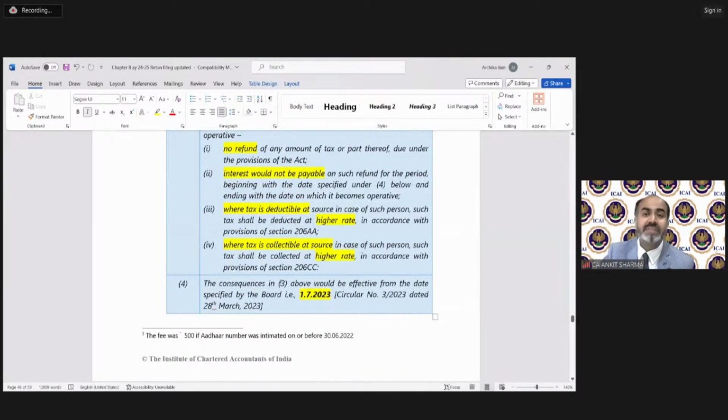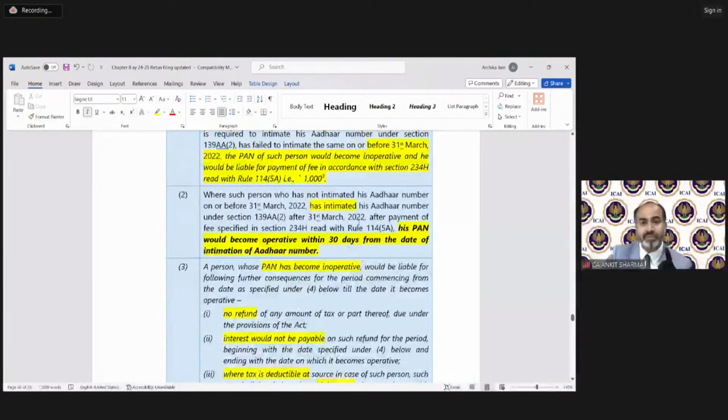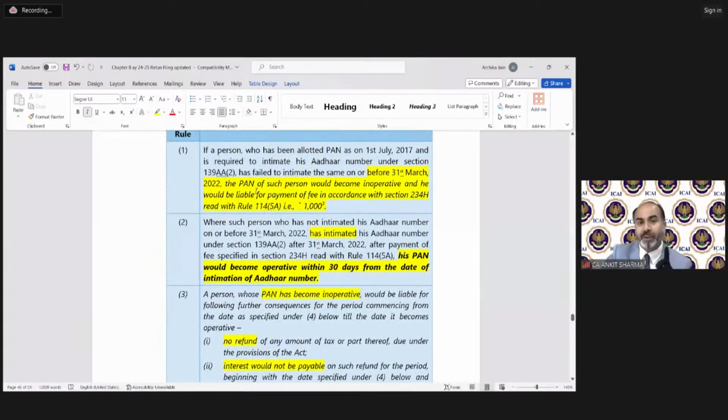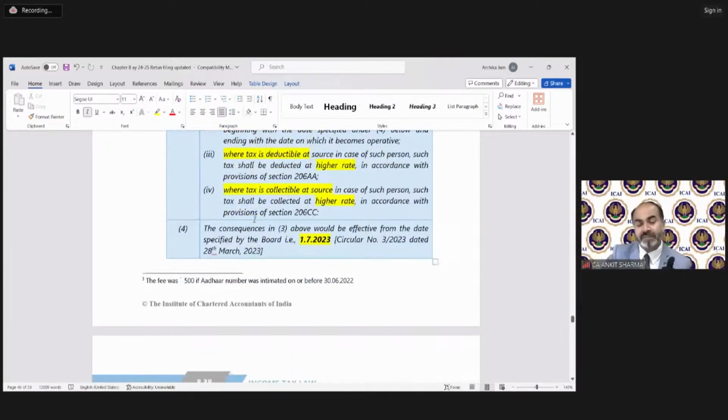The consequence in 3 above would be effective from the date specified by the board, that is 1st July 2023. So from 1st July 2023, which had earlier been 31st March 2022, it was extended by the government again and again, and it is effective now from 1st July 2023.